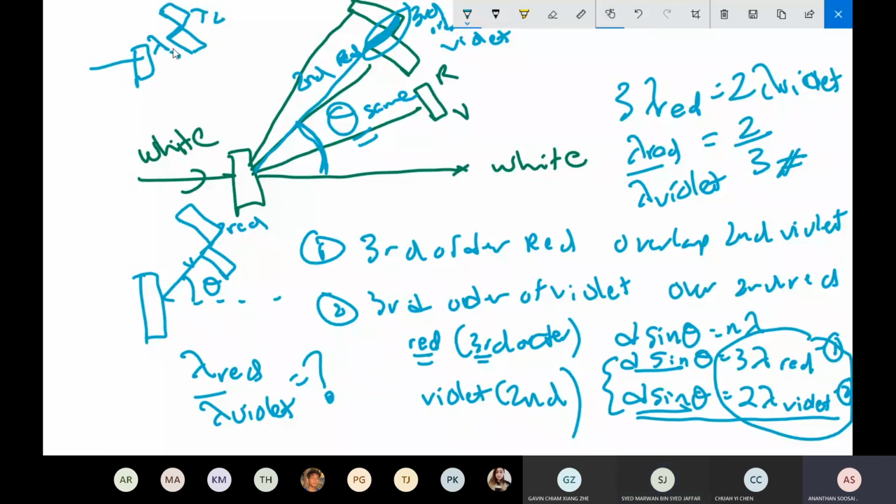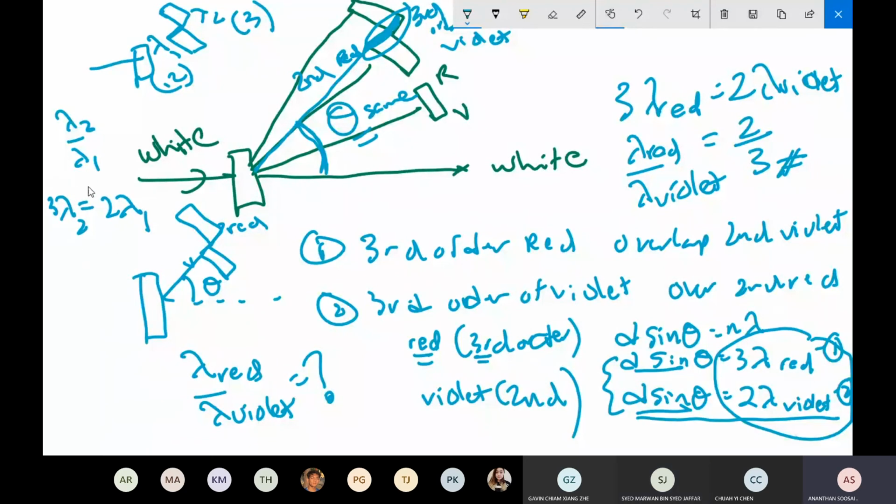Find lambda 2 over lambda 1. So in your mind, you must do what? 3 lambda 2 must equal 2 lambda 1. This is what you need to conclude.